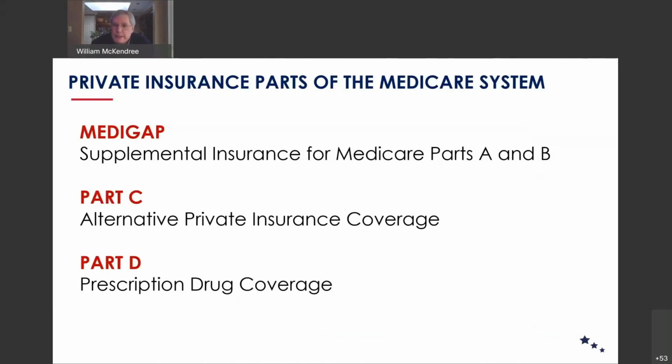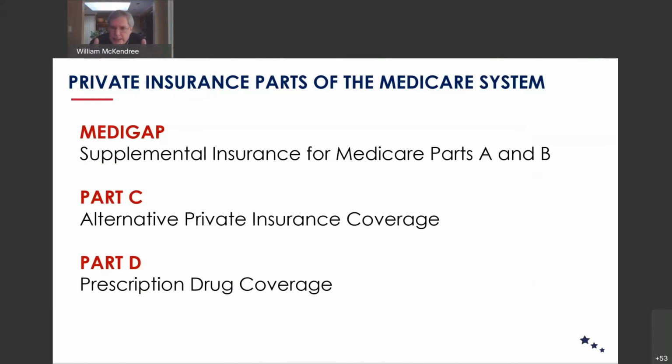Now, there's 3 types of products. The entire universe of Medicare can be assigned to one of these 3 categories. It could be a supplement to Medicare, typically referred to as a Medigap. In this case, you're using Medicare Part A and Part B as your primary coverage. You're supplementing it with a Medigap product, a private insurance product.